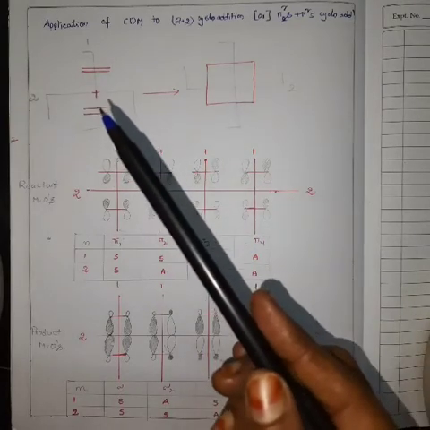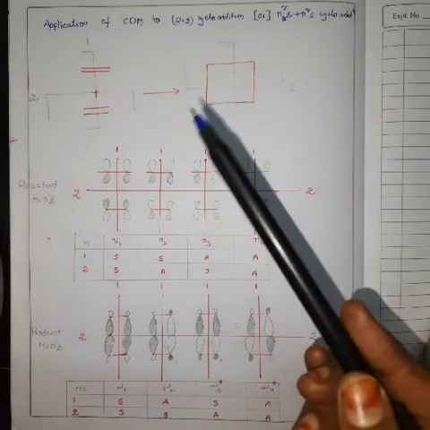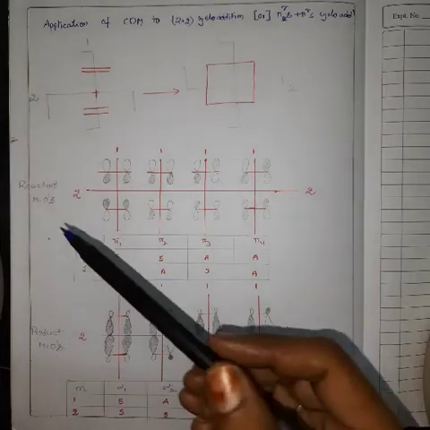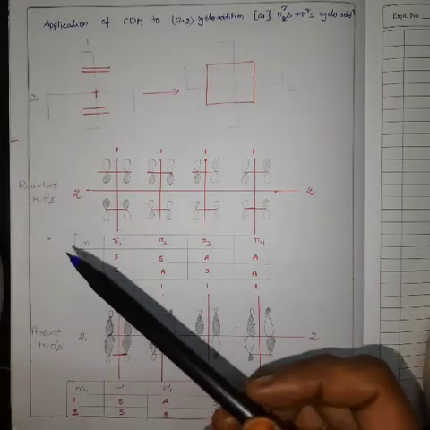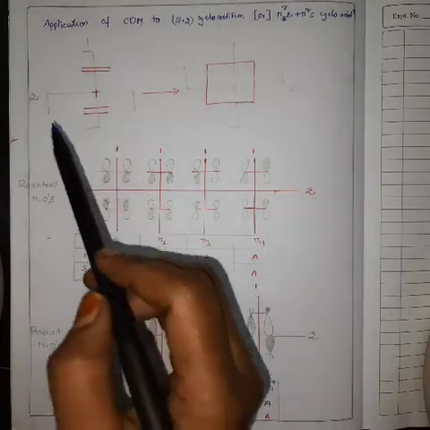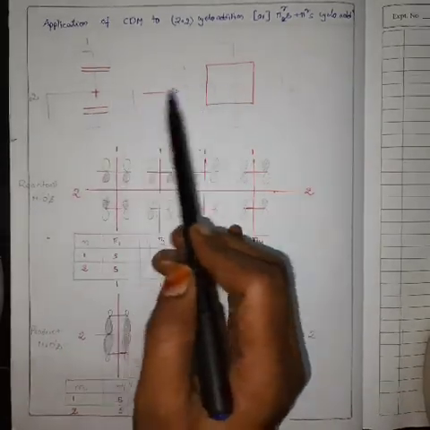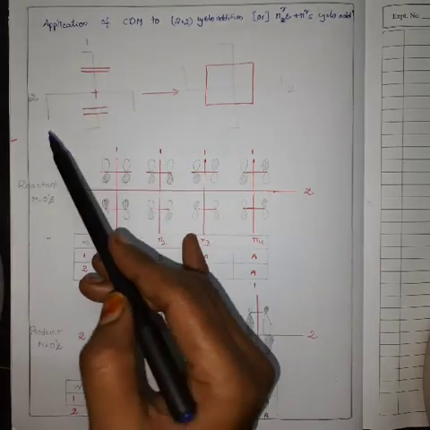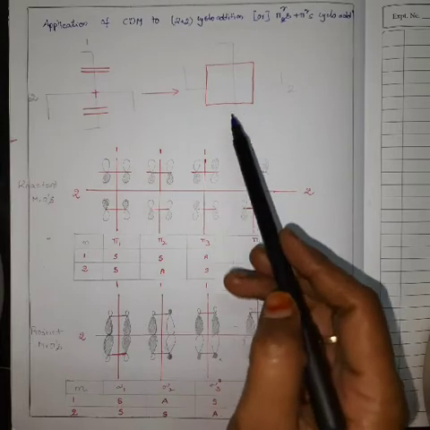Both reactants and products have two planes of symmetry, a horizontal plane of symmetry and a vertical plane of symmetry.